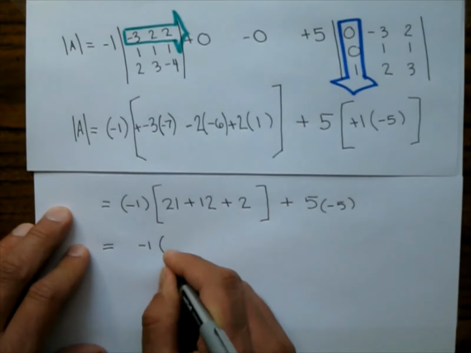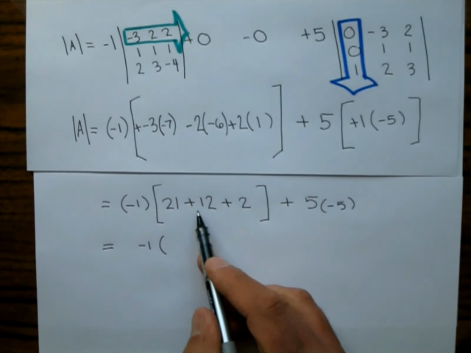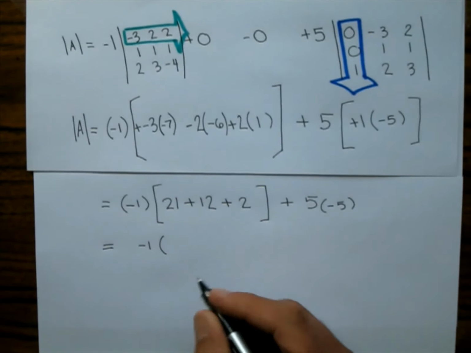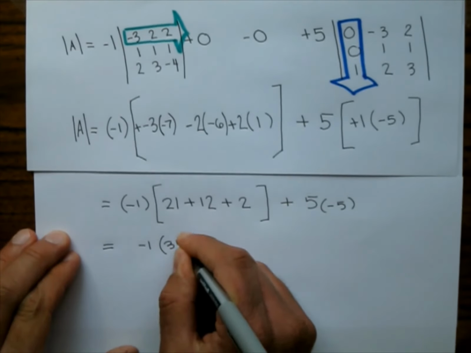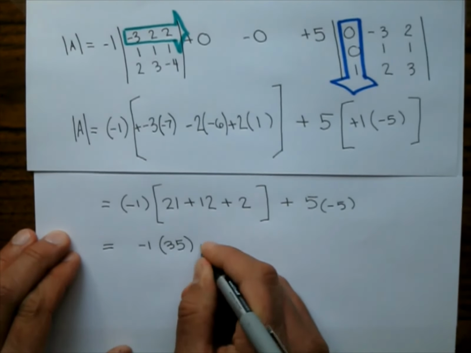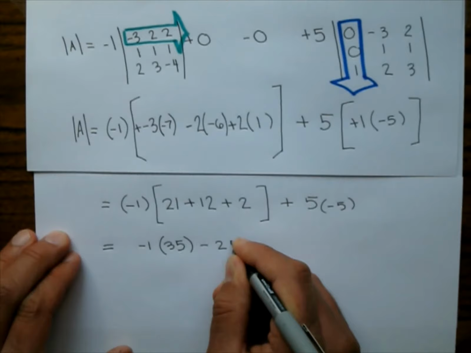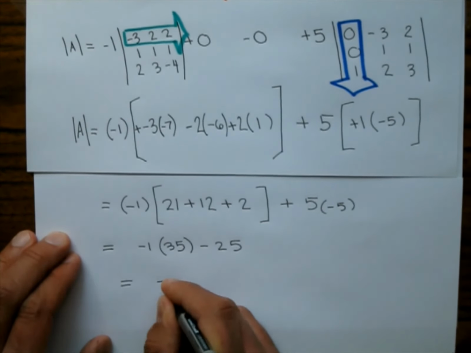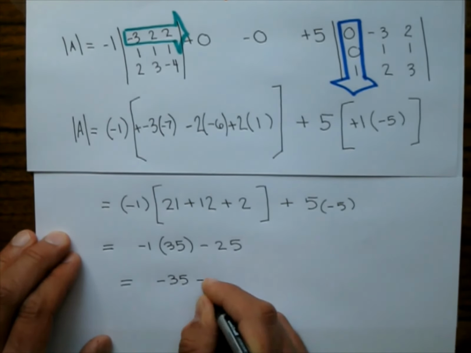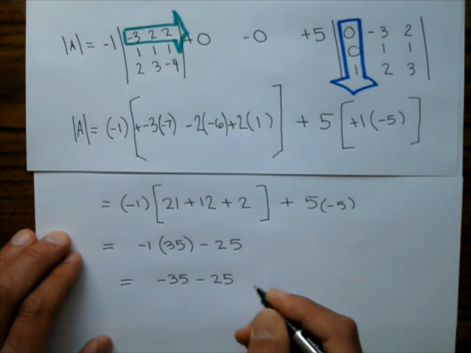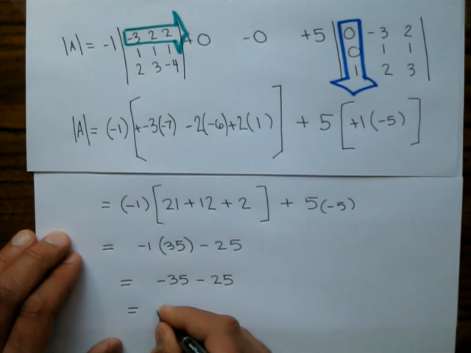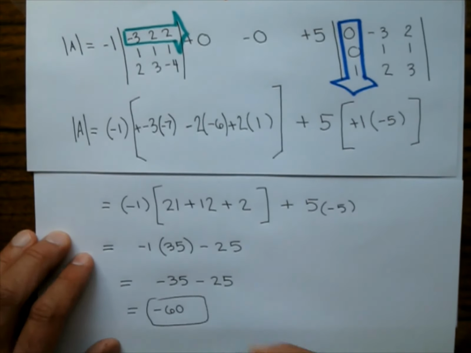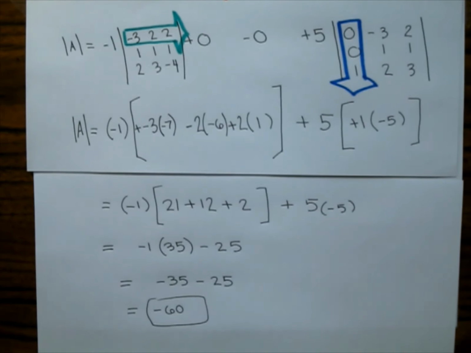We have negative 1 times, we got to add this up, so this is 33, 34, 35, 35, and then we have minus 25. So this gives me negative 35 minus 25. And you add those together, you end up getting negative 60 for the determinant of that 4x4 matrix.